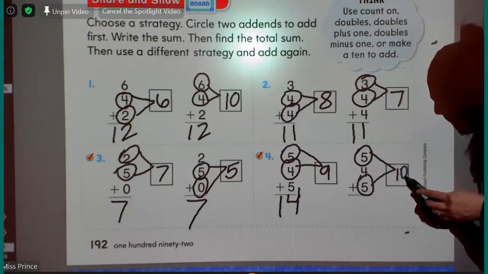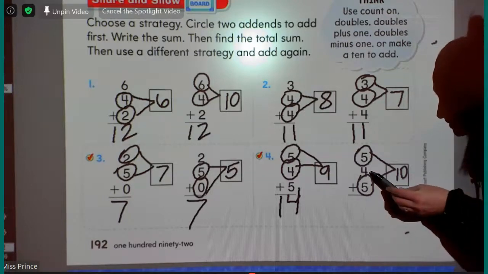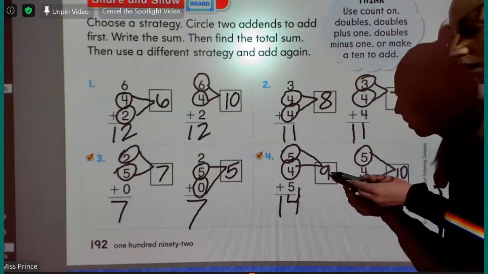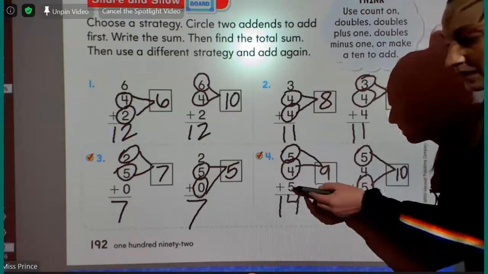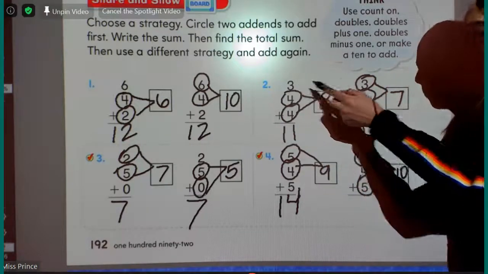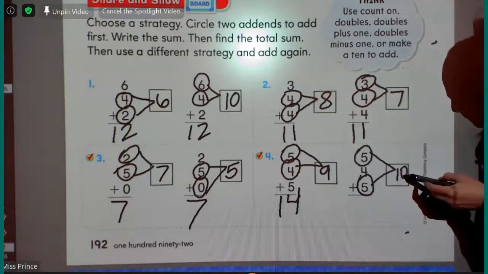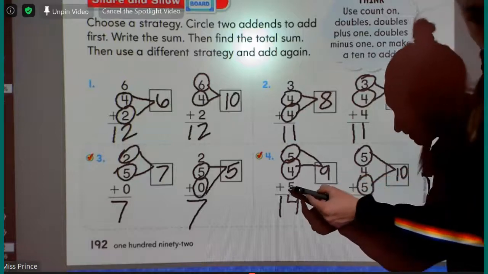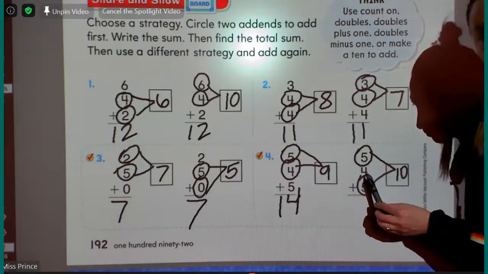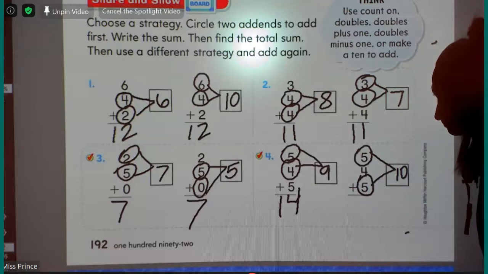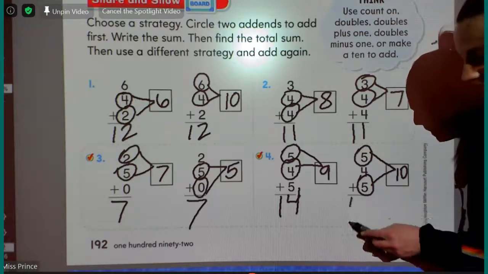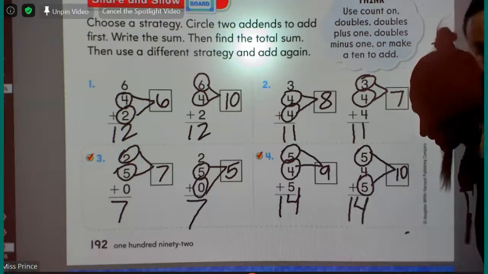So now we need to add 10 plus, oh, the one we didn't circle, 4. Remember, we're always adding the numbers that we didn't circle. See? 8 and 3, 7 and 4, 10 and 4, 9 and 5. So 10 plus 4, Keela. 14. And look, they match, so we did it right.